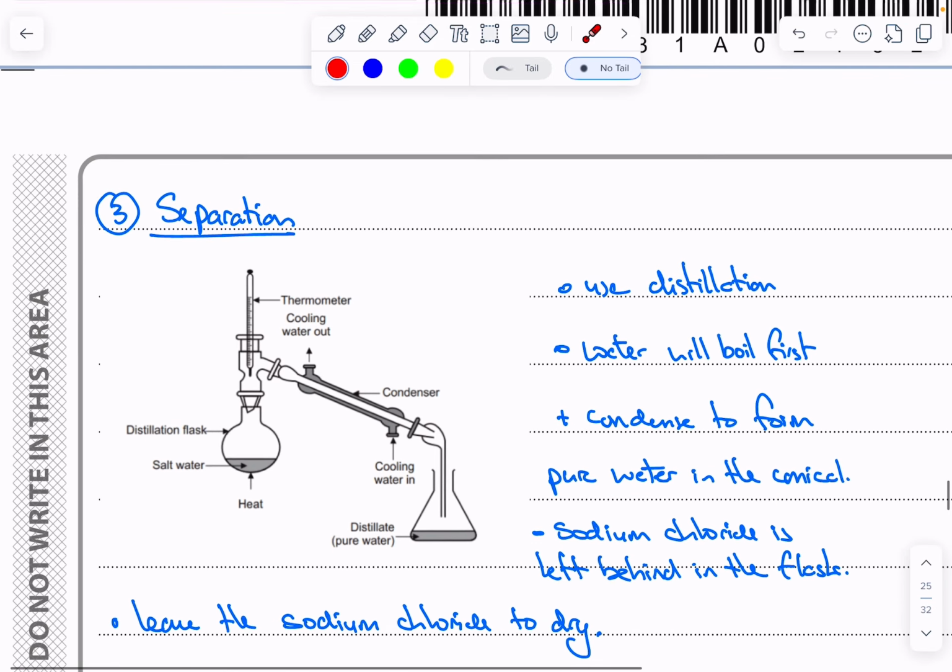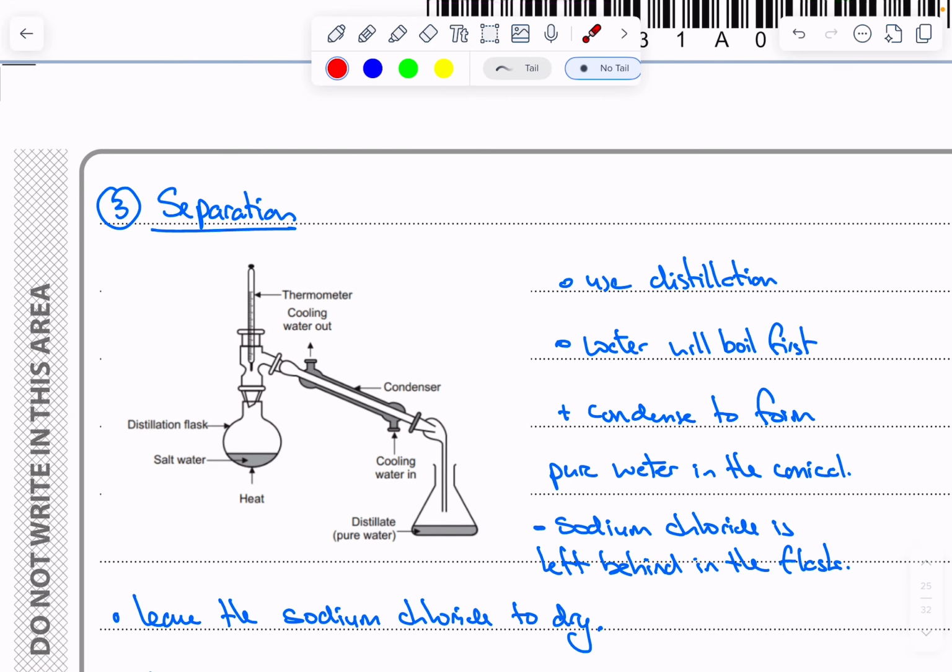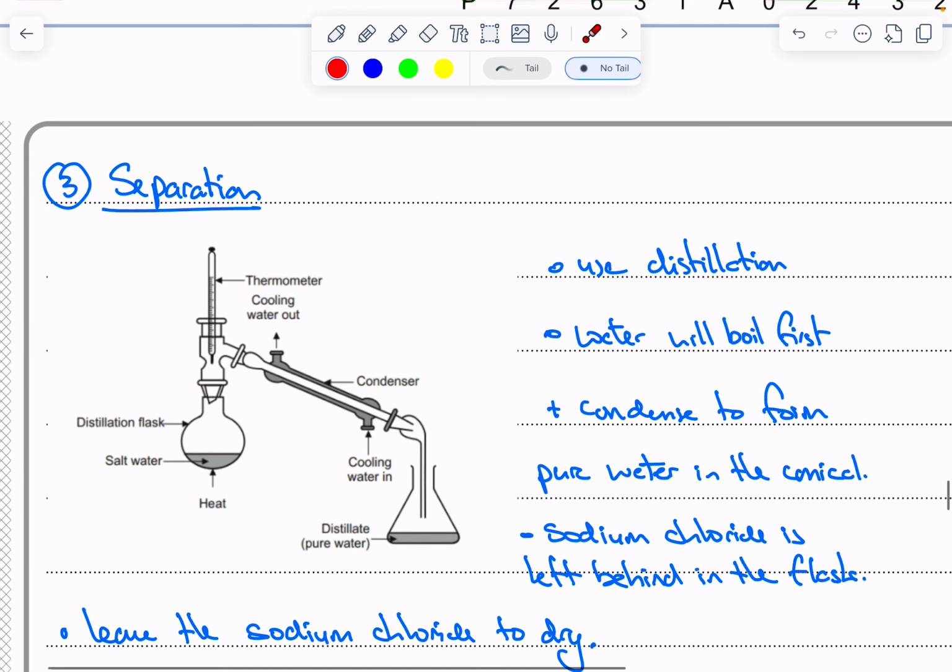Moving on to part 3. What I've done here is I've put my diagram in just to help me explain it to you. I don't necessarily think you have to include a diagram, but it doesn't harm us to do this. So to separate salt from water, so I get the water back as pure water, I have to use a process of distillation, as we can see here. And what I would do is heat this up.